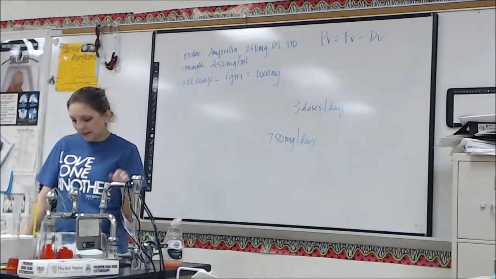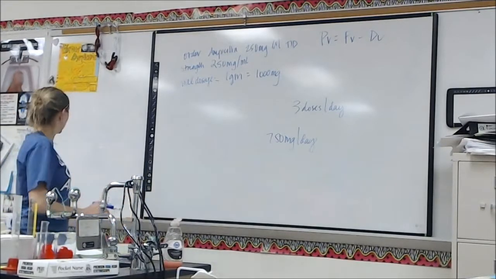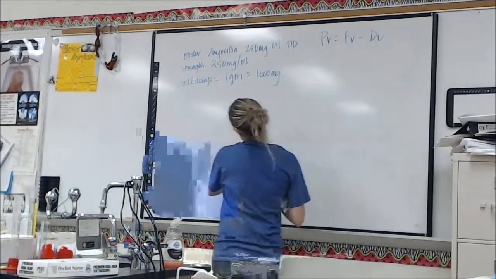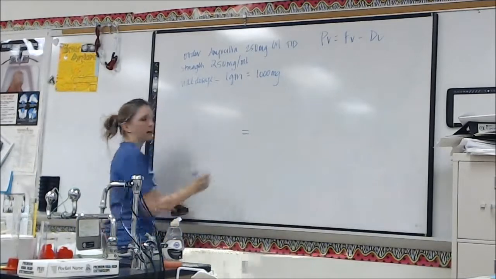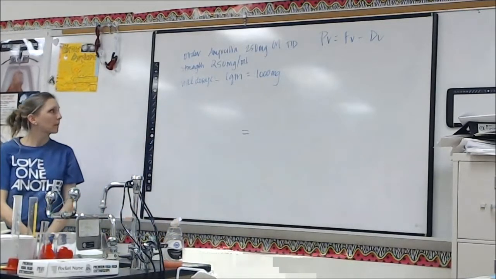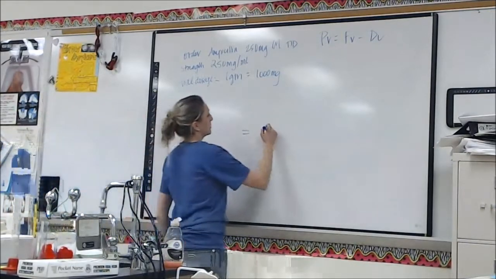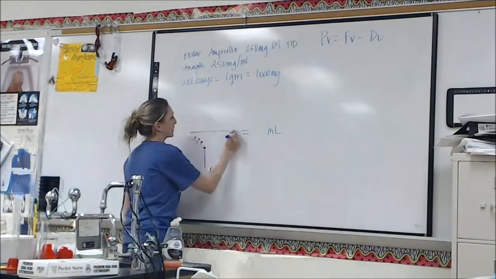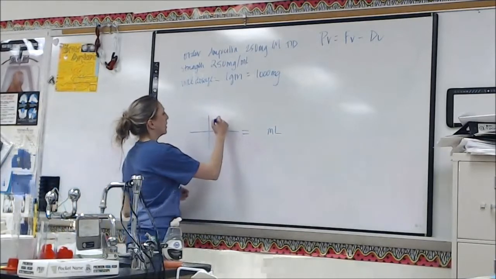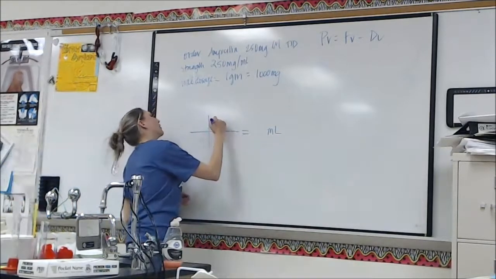What volume is given in a single dose? So now you want to know the volume given in a single dose. So how do I set up my thing here? In milliliters. This one's going to be pretty easy. Okay, so what do I put here? 1 milliliter.